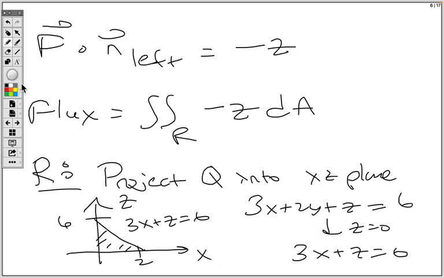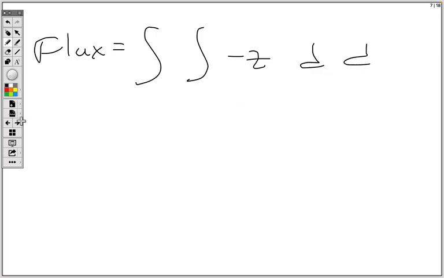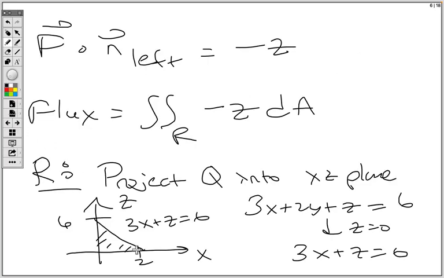All right. So the flux is going to be a double integral. I got -z. I got to pick an integration order. What would you pick your order to be? You want dx dz or dz dx? Dx dz? All right.